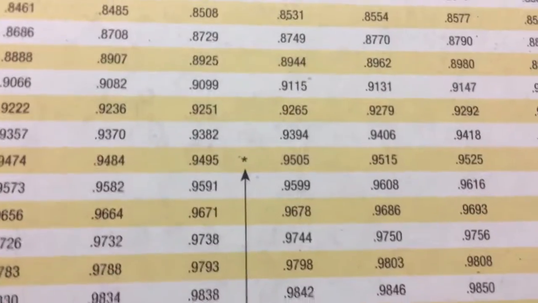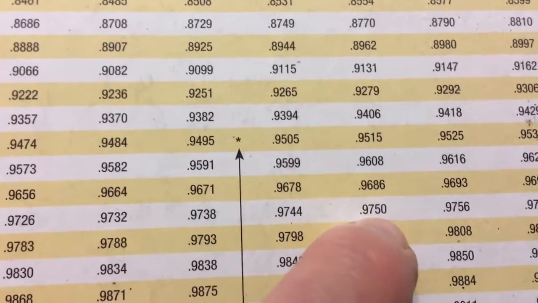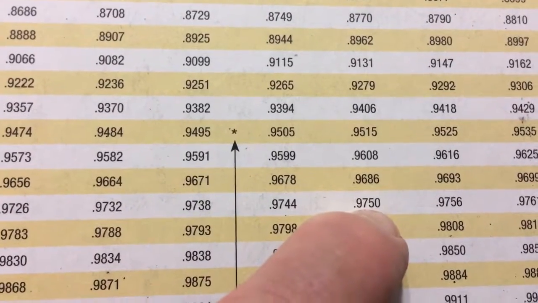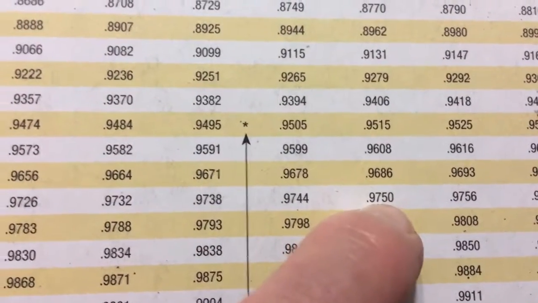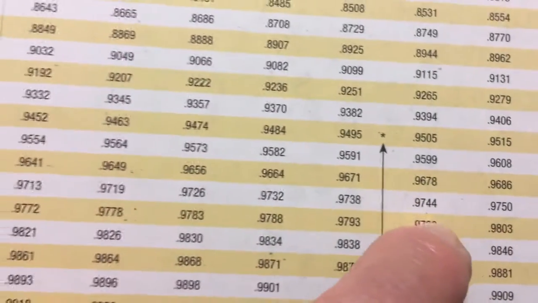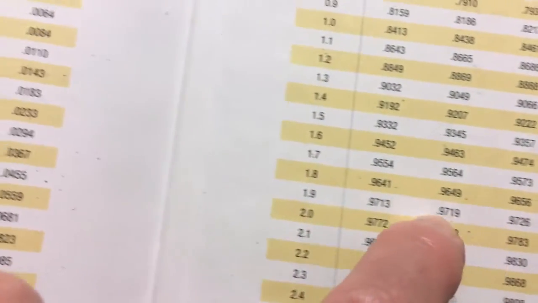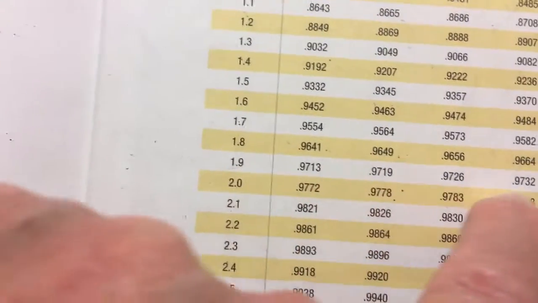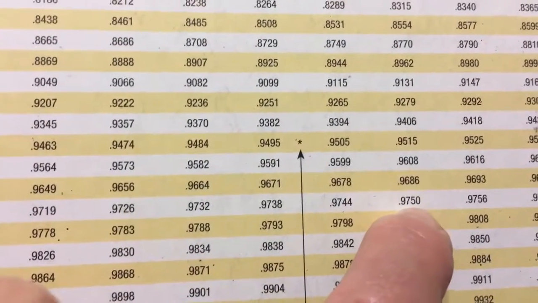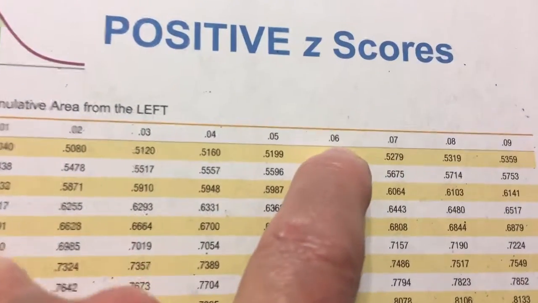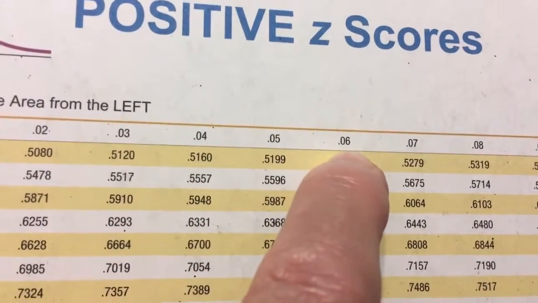When I'm looking at the z-score areas in the body of the z-score chart, I've got 0.9750, and when I move to the left, I go to 1.9, and then I move all the way up, and I get 0.06.